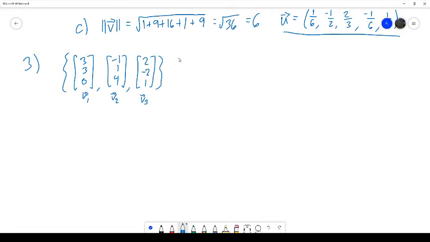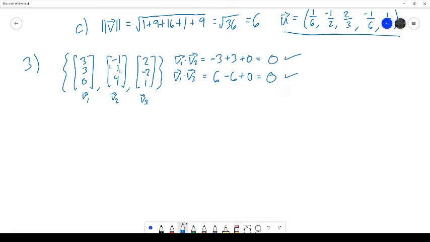The dot product of v1 and v2 is going to be -3 plus 3 from the middle, and then there's 0 from the bottom, so this adds up to 0. Then if we do v1 with v3, that's 6 minus 6, and then 0 again on the bottom, 0 times 1, so that also comes out to be 0.